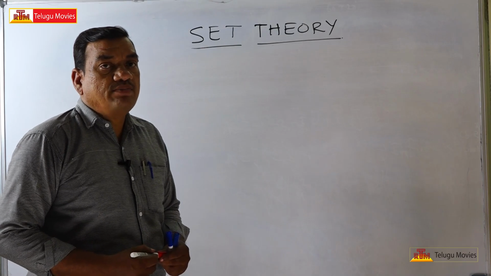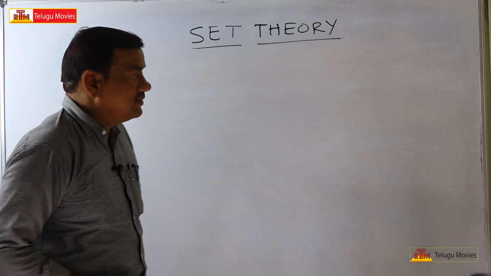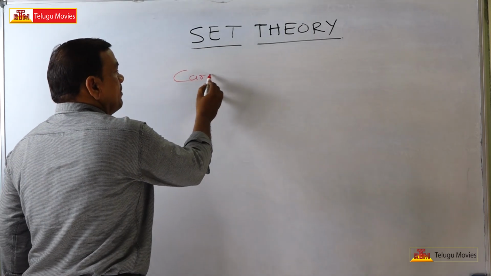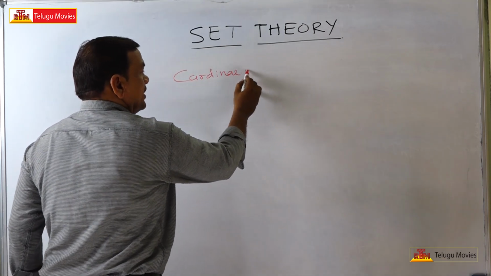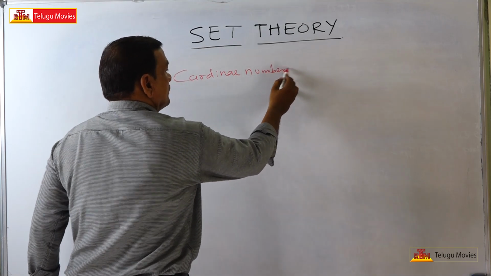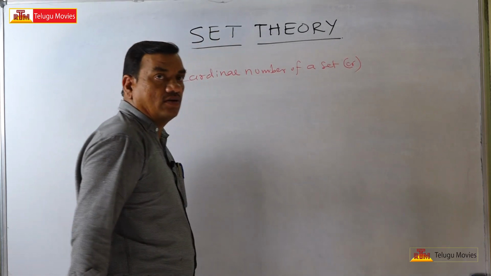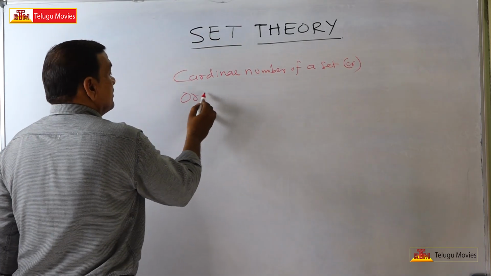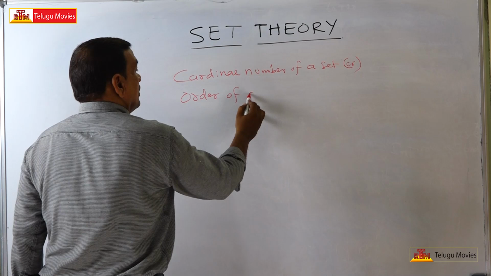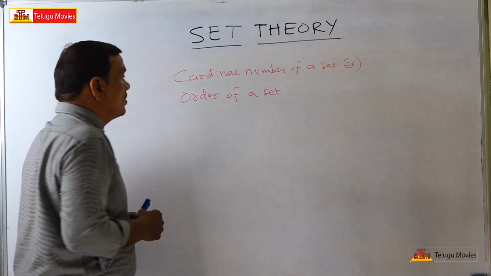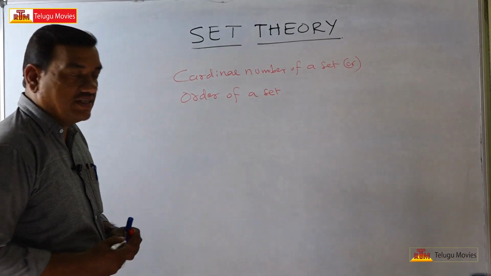The next concept that we are going to learn is the cardinal number of a set, or we call it the order of a set.